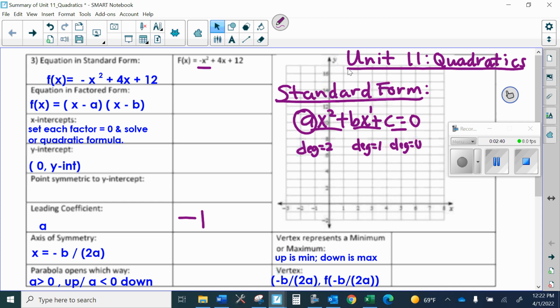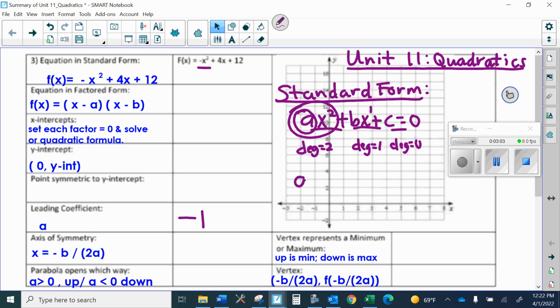The shape of the graph is all determined by this ax squared. The bx and the c shift the graph left, right, up, or down. But the shape of the graph is determined by the a for the leading term.